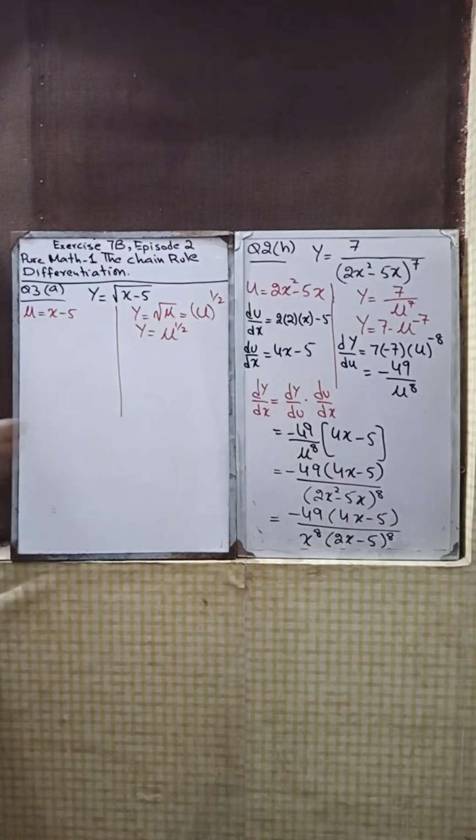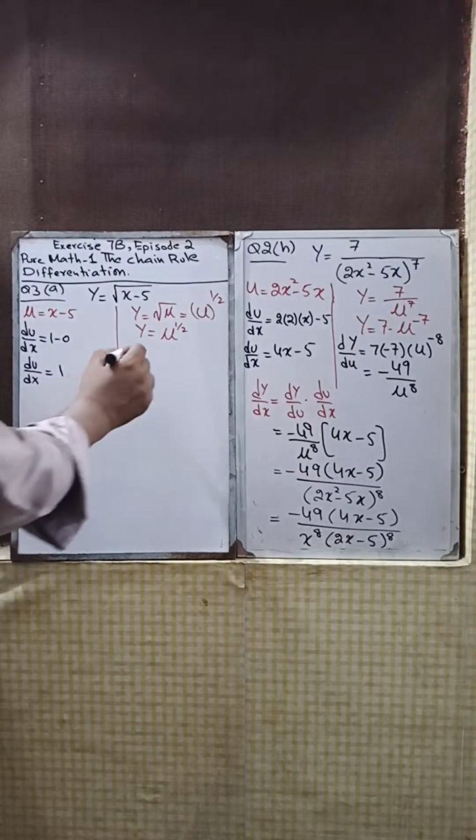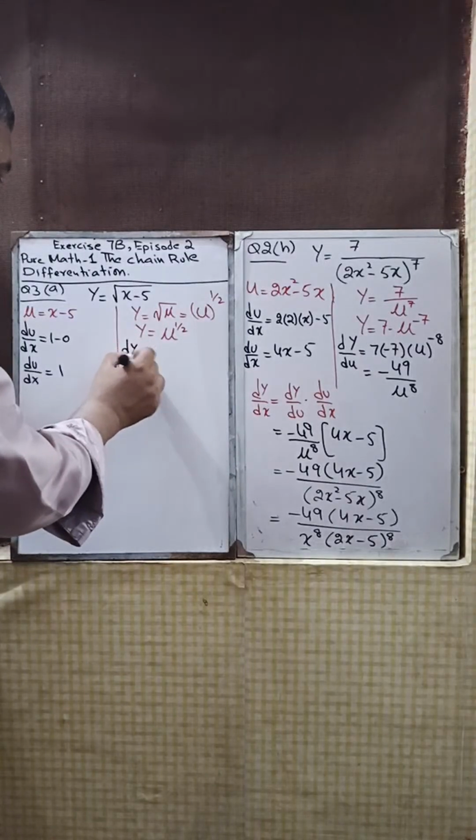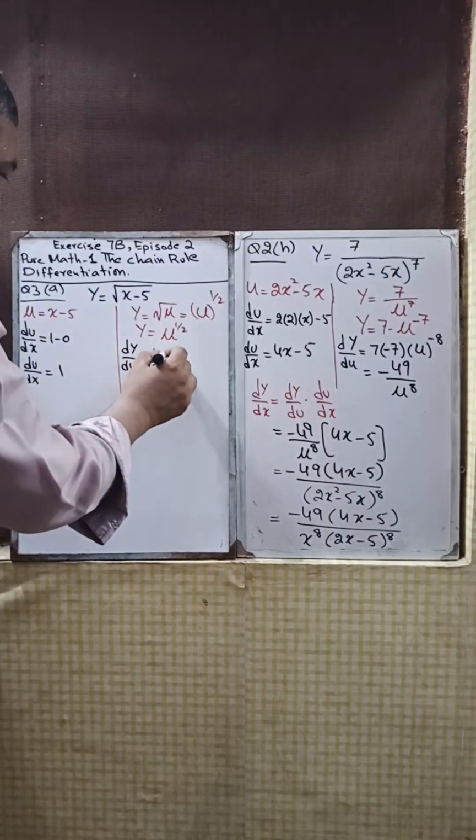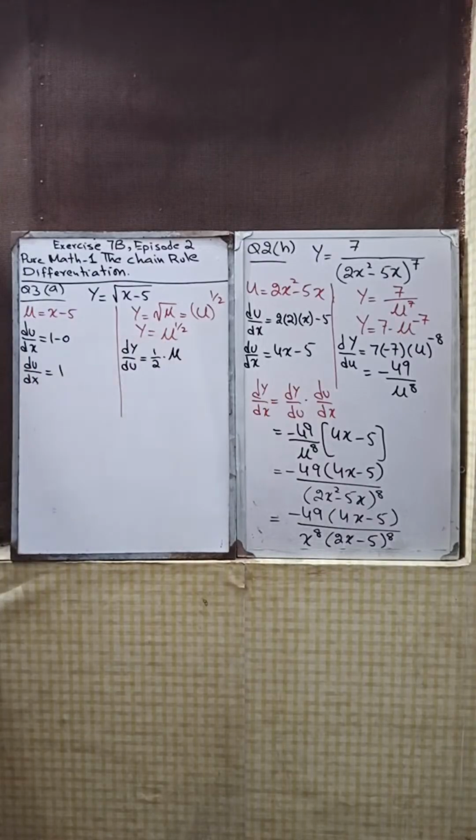So now we are going to differentiate it. You differentiate du with respect to x, and this will become 1 minus 0. So du by dx will be equal to 1. And you will differentiate y with respect to u. So 1 by 2 will come on the side, and the u power will be decreased by 1.